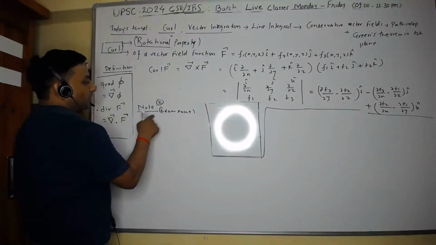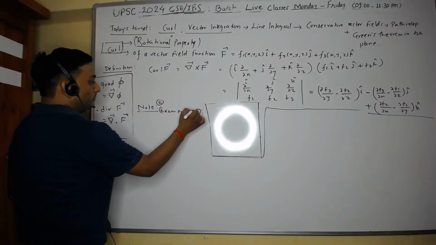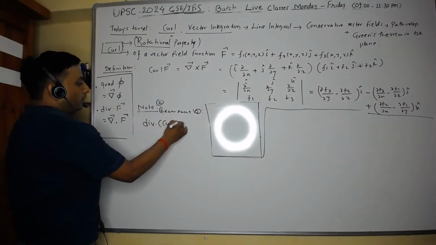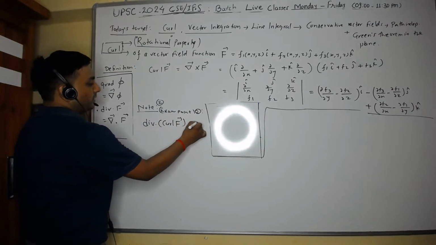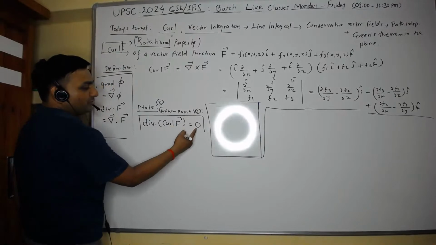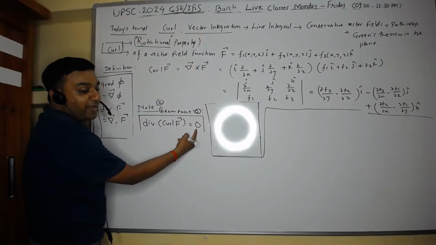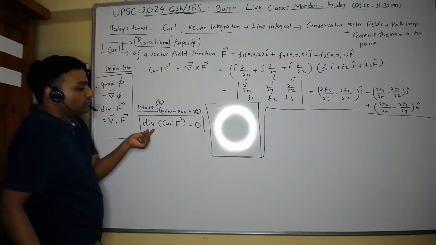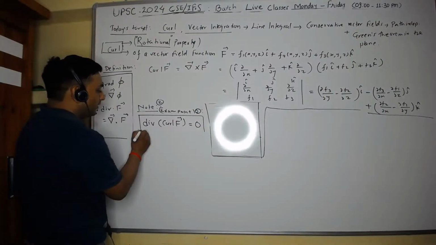So let's write note 2, that is exam point 2: divergence of curl of some vector is always 0. Please note down, this is not a dark 0 or vector. This is a scalar quantity, because divergence is always a scalar quantity.